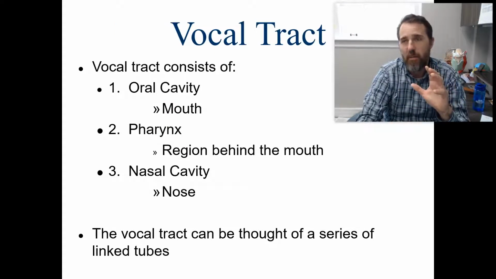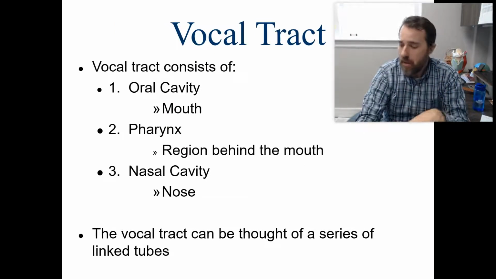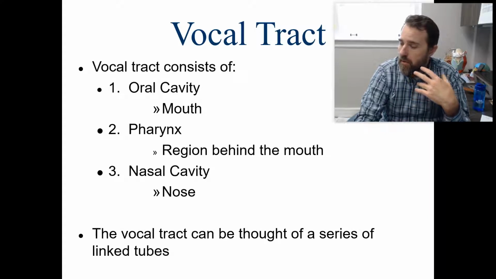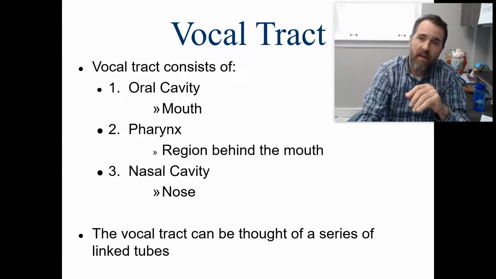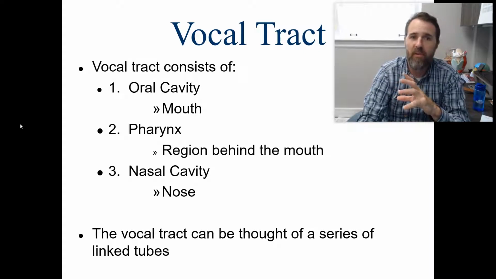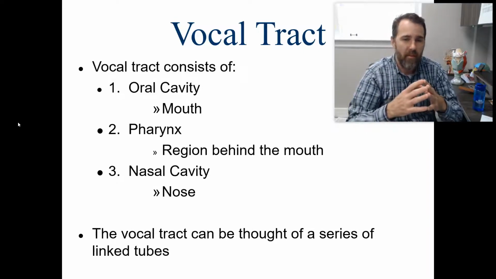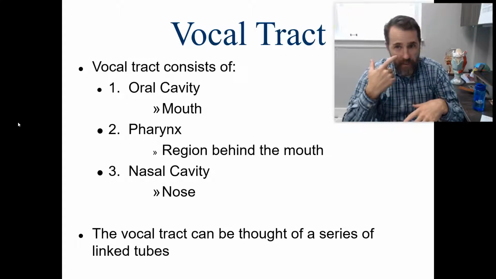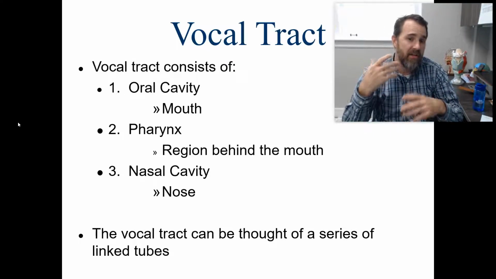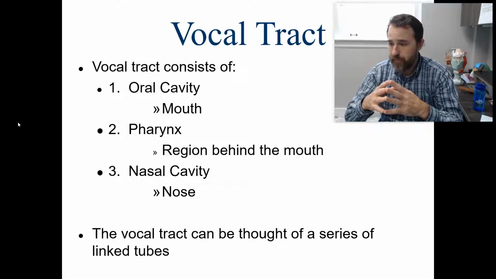So during vowel production, your vocal folds are the sound source. Your vocal tract is the filter. And when we talk about the vocal tract, specifically what we're talking about is the oral cavity, your nasal cavity, and your pharynx or your pharyngeal cavity.